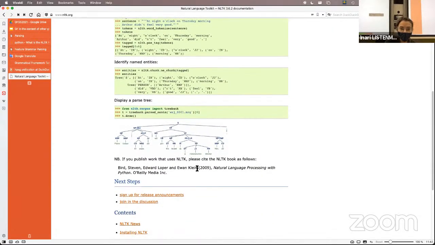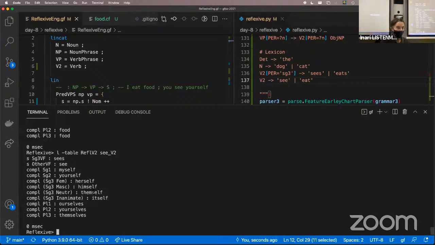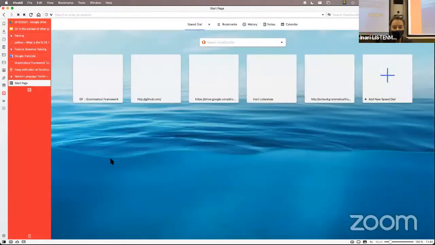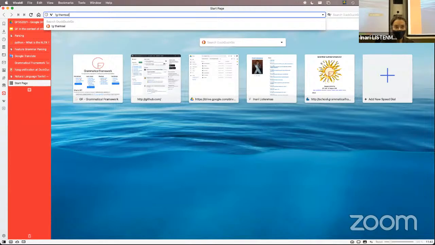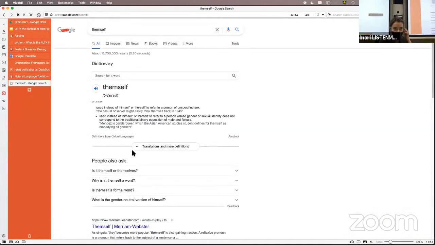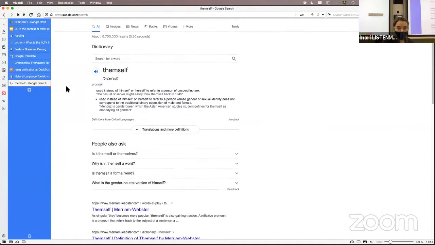Okay. The singular themselves, in what context? I mean, that's the gender neutral. I thought in English we always have themselves. The language is kind of in flux, in some contexts. Let's just Google themselves. What do we find?